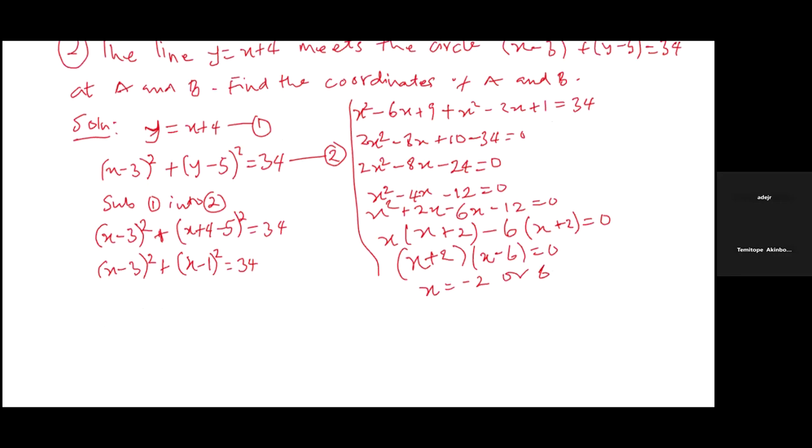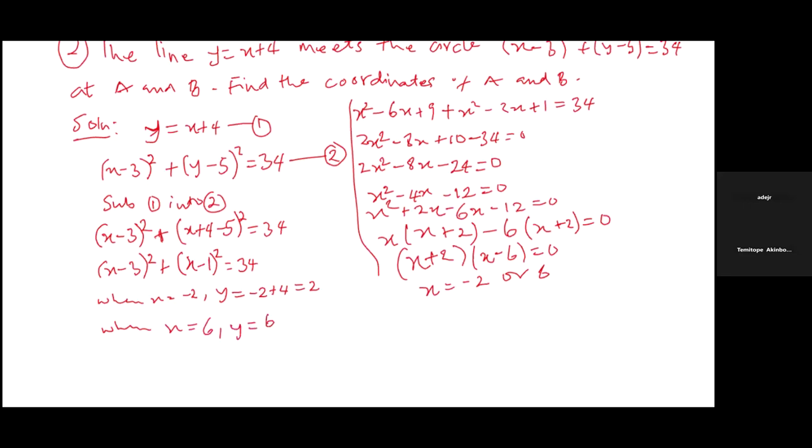So when x equals minus 2, y will be equal to minus 2 plus 4, which is 2. When x equals 6, y will be 6 plus 4, and that is 10.